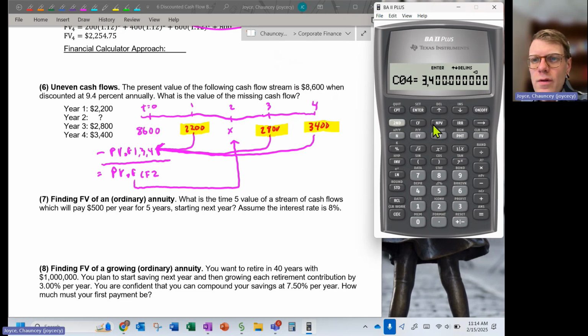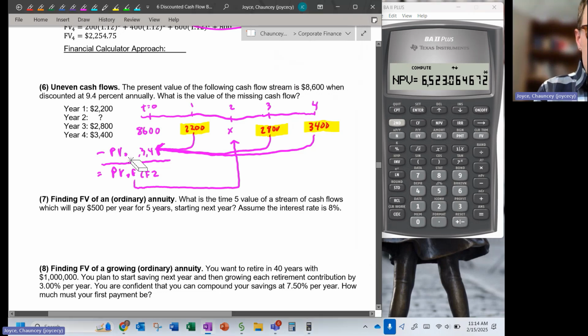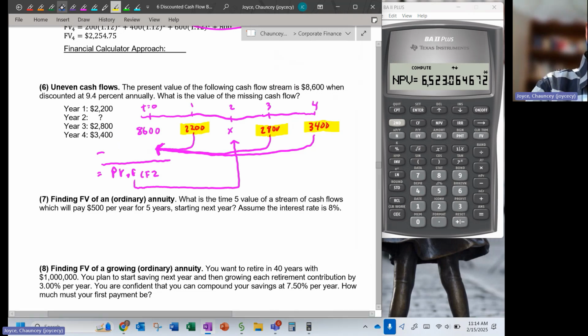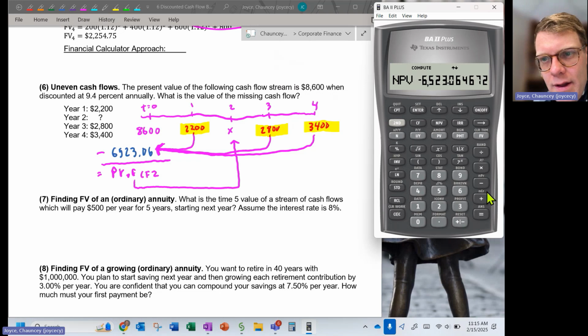So now when I compute that net present value at a 9.4 discount rate, enter down, and then compute, they're worth 6,523. That's the present value of 1, 3, and 4. So I'm going to just erase these and say those 3 cash flows are worth 6523.06.